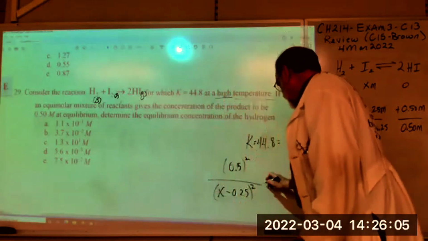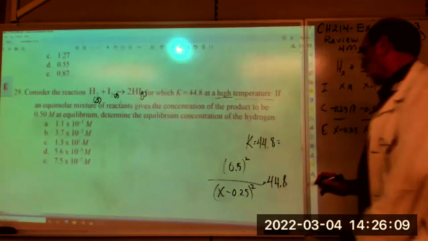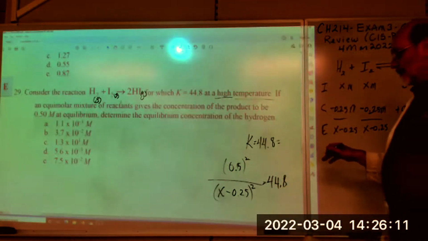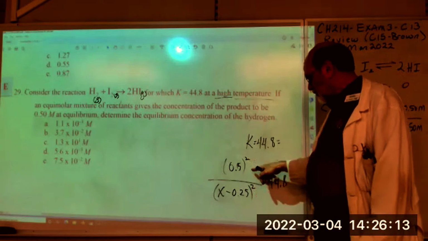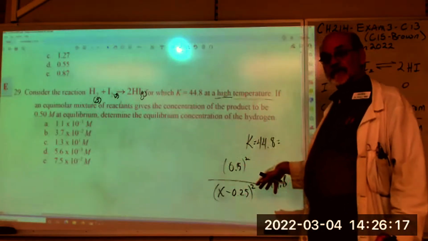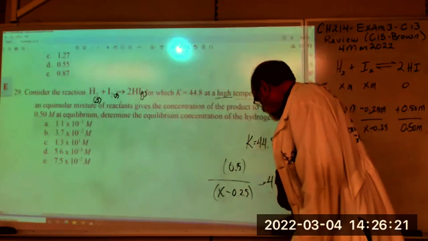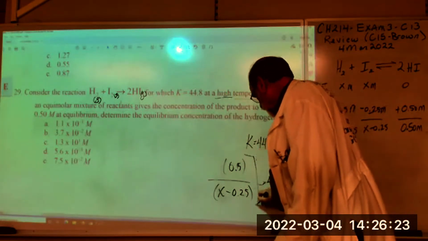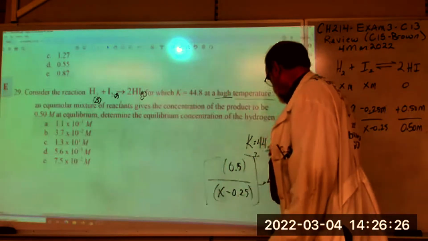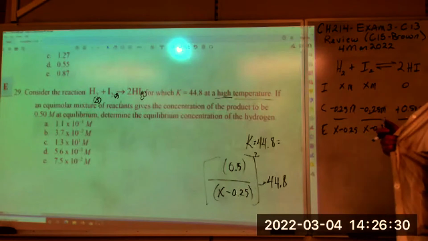And that's equal to 44.8. The trick to this one is if this one's squared and that one's squared, then this whole term, that divided by that, is squared. The total thing squared.